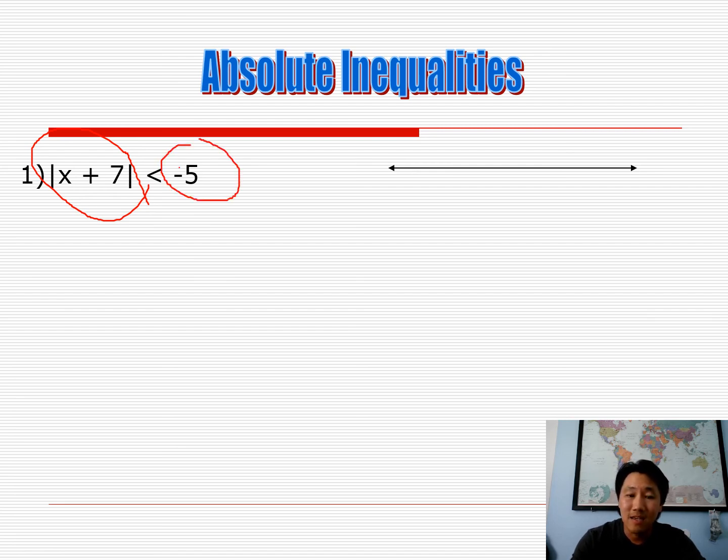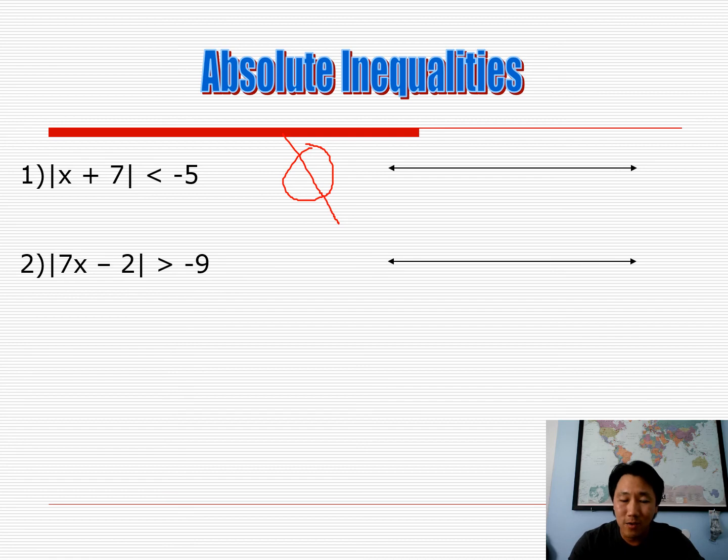But it looks like it's saying that the absolute value of that thing is less than negative 5. You can't have it less than 0, much less less than negative 5. So this one is an automatic no solution. It cannot be less than negative 5. Here's another one.